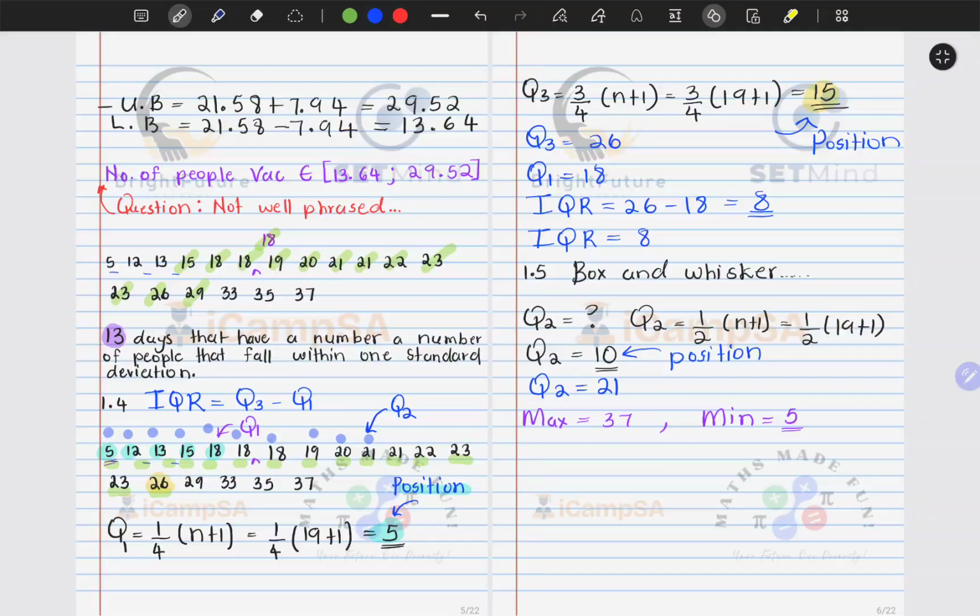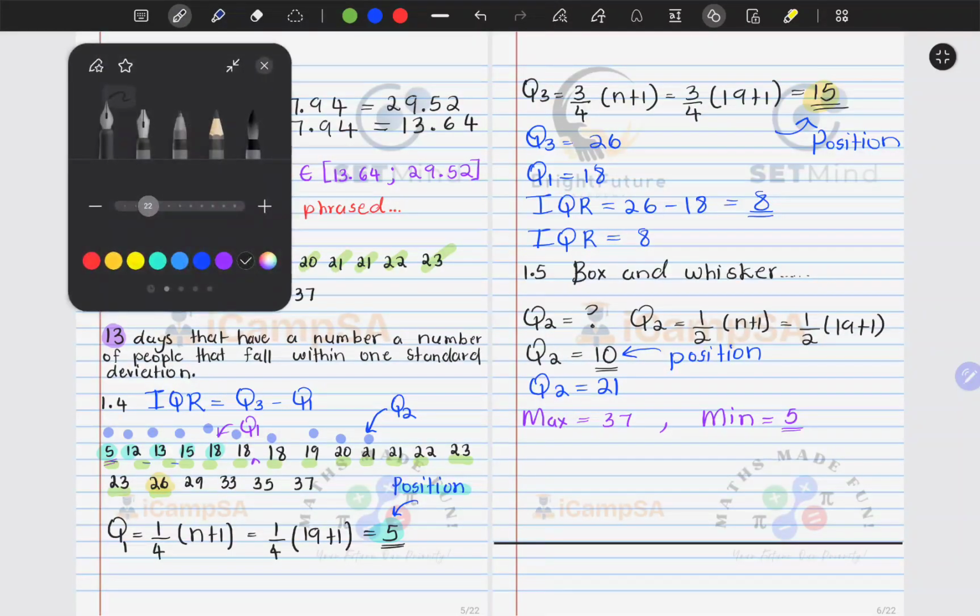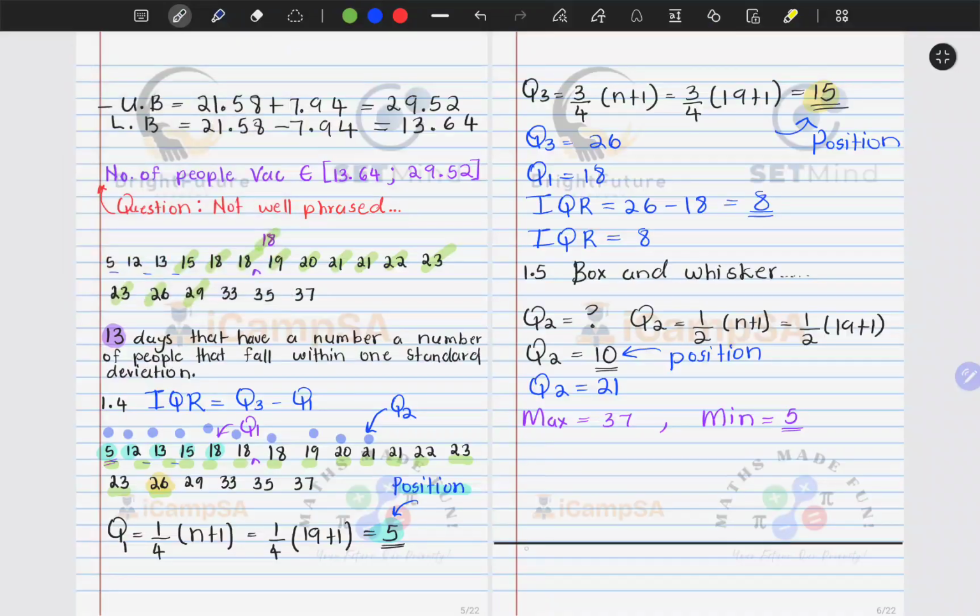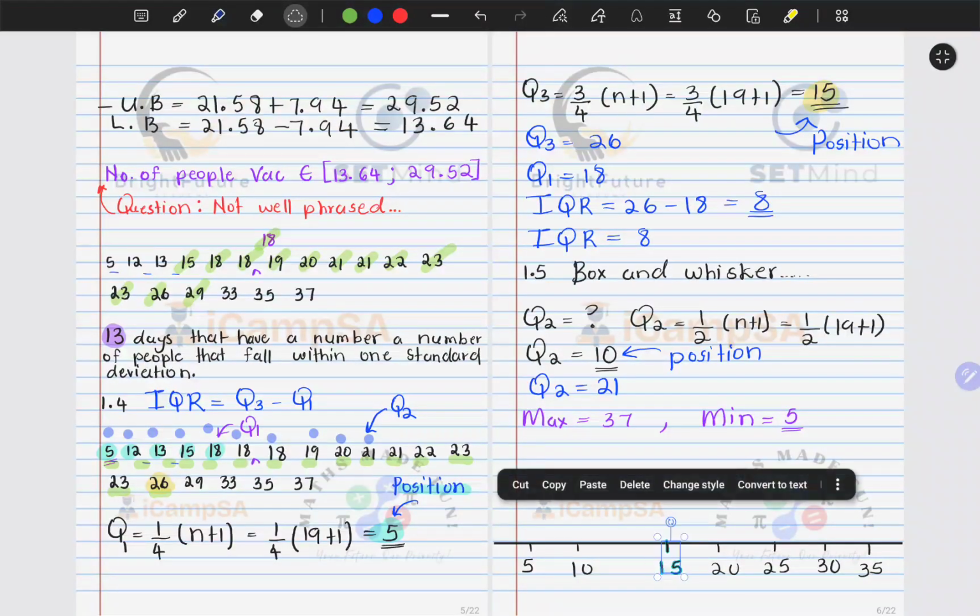I'm going to start off by having a straight line. Then I'm going to put numbers on this line: a 5, and then a 10, then 15, 20, 25, 30, and 35. We might need to move things a bit so that we can have a 40 at least.